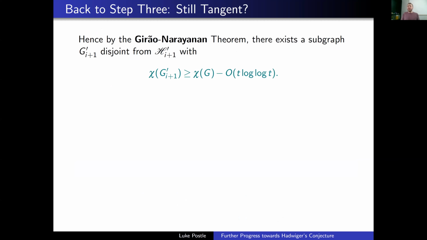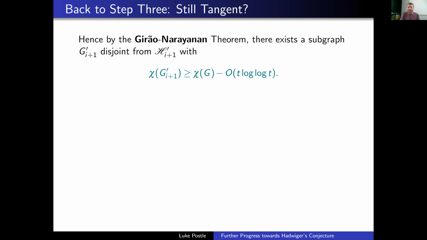The issue is, what then? Well, by the Girard-Norin theorem, there'd be a subgraph gi plus 1 prime that's disjoint with high chromatic number, right? So what remains once you've rebuilt has high chromatic number. So you have also a high chromatic number in a highly connected subgraph.